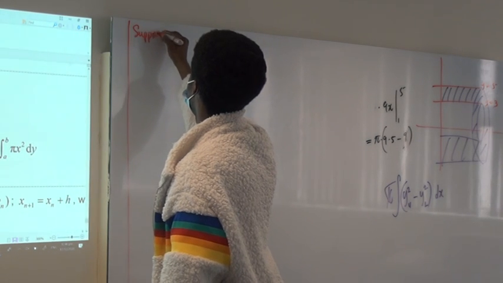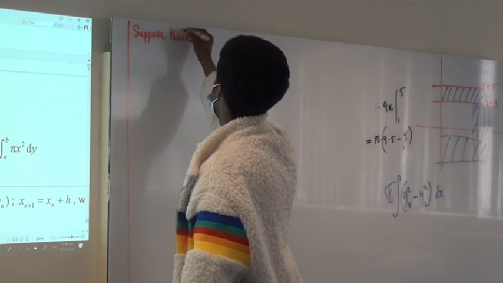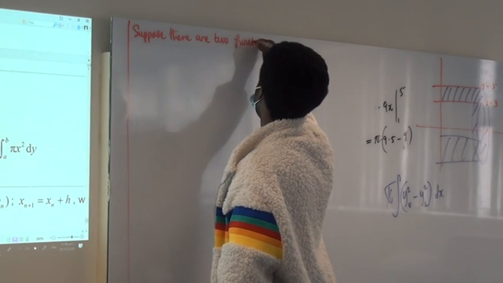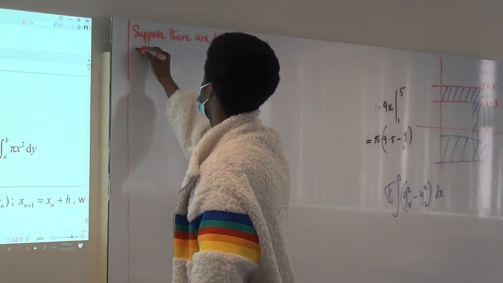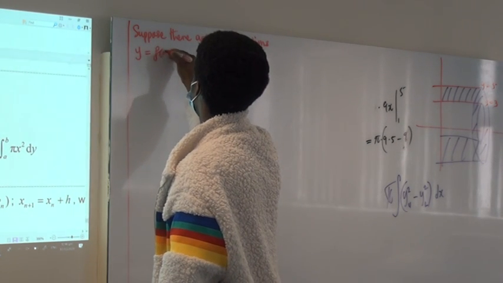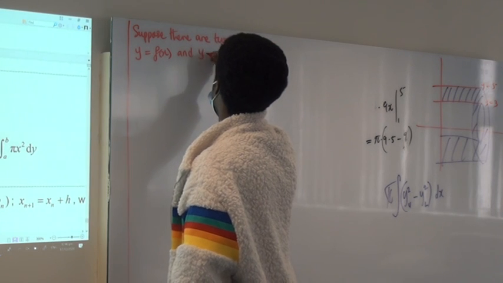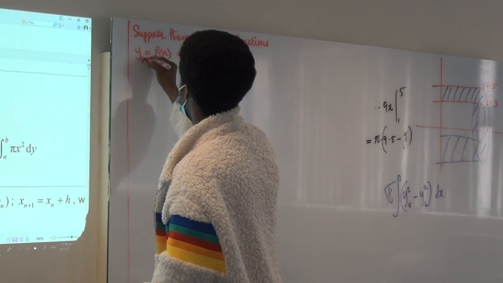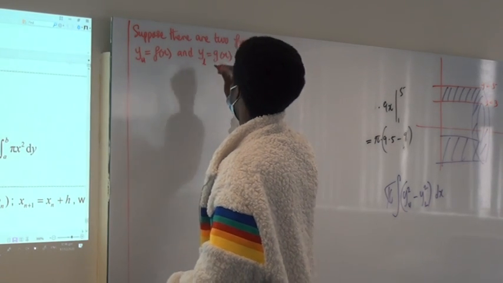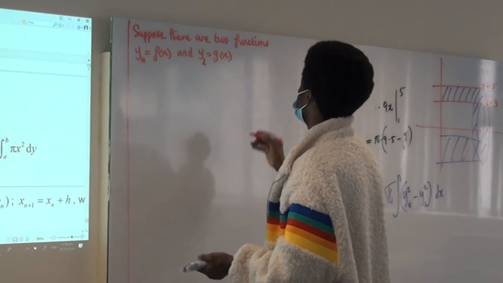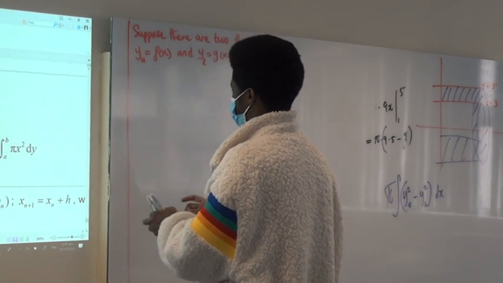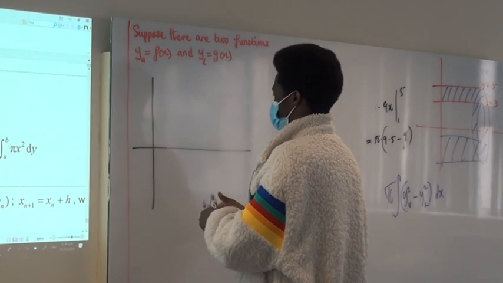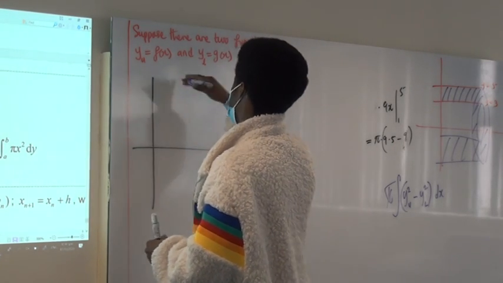Suppose there are two functions, y is equal to f of x and y is equal to g of x. So I say yU as upper function and yL as lower function, for example. But this one, we will only discuss about x.